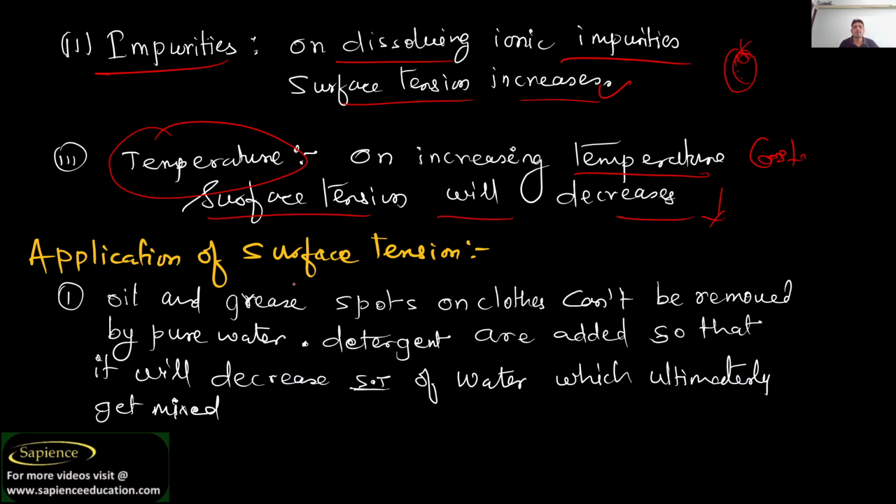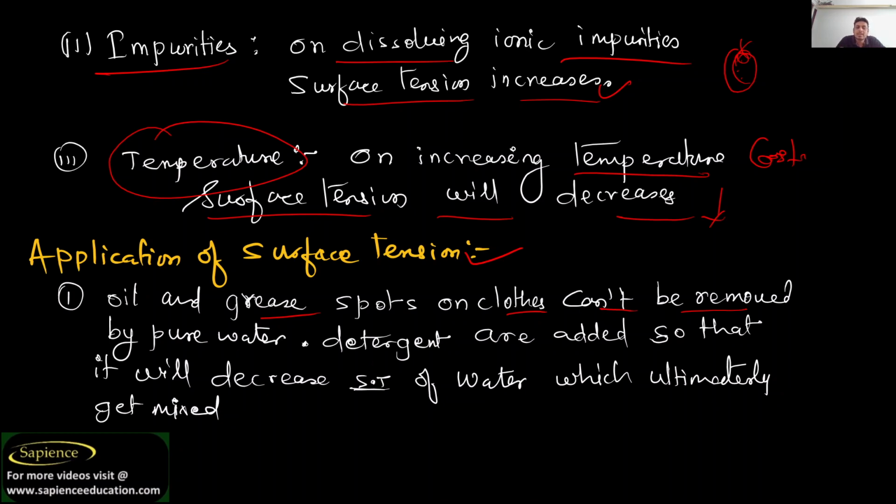Now let us consider the application of surface tension. Oil and grease spots on clothes can't be removed. See here, when there is oil and grease spots on the cloth, you can't remove them with pure water. So what do you do? Detergent is added so that it will increase surface tension, right?